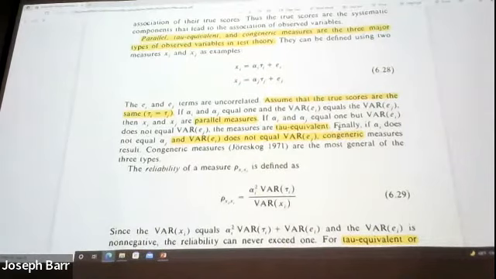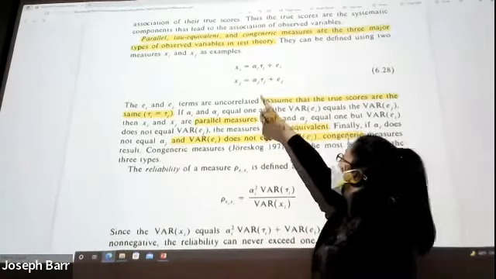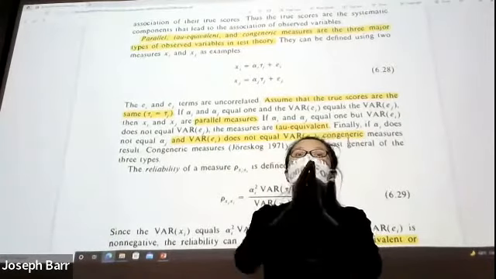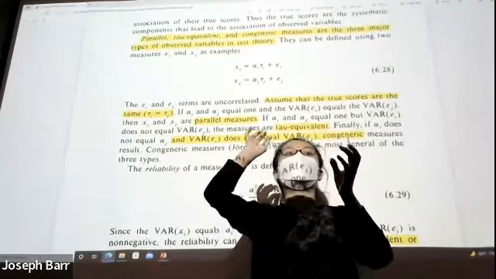So if alpha i does not equal alpha j, and also the variances of E_i and E_j are not equal to each other, these are called congeneric measures. So X_i and X_j may measure different scales of the true score.